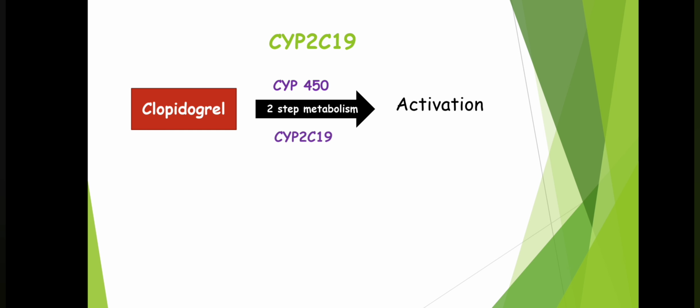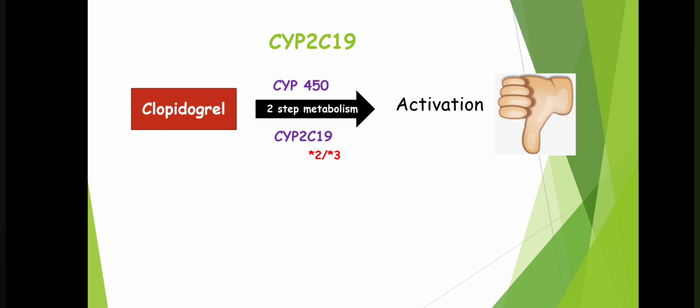But if CYP2C19 is of the poor metabolizing phenotype, clopidogrel cannot be converted into its active drug and may result in increased risk of adverse cardiovascular outcomes, because the poor metabolizer does not activate the clopidogrel sufficiently.